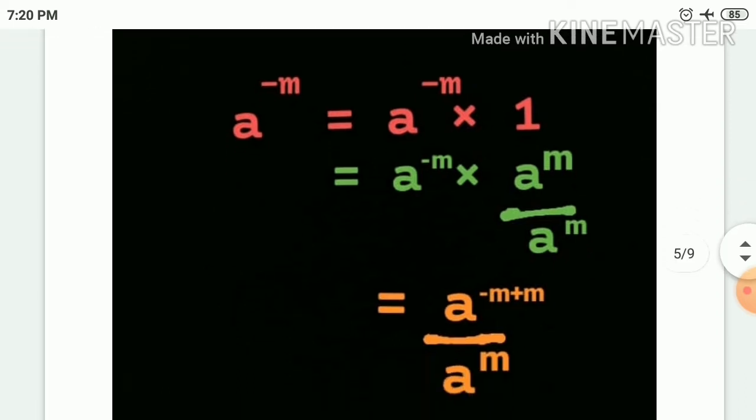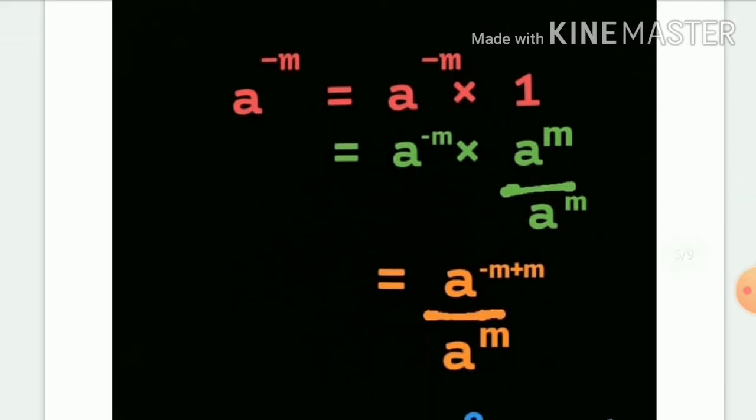So now what you have is a raised to minus m multiplied by a raised to m divided by a raised to m. In multiplication, what you have learned is that when there is a multiplication sign with the same base, the indices get added.